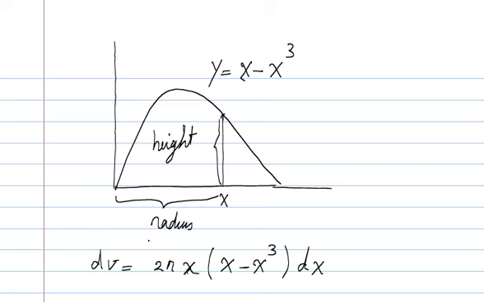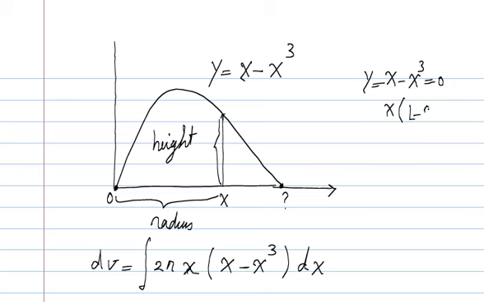The integration has to be done from the beginning to the end of the region itself. This is the beginning, which is just 0. The question is, where are we ending this region? To find that one, I need to find the x-intercept of this. I take x minus x cubed, set it equal to 0. That is going to be our x-intercept.